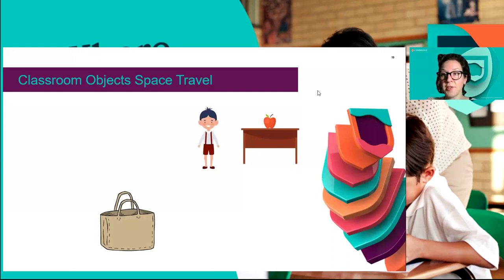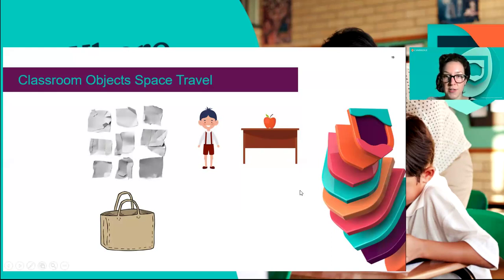Then you have your own bag, and this is a bag not with the letters but with the words. These words can be either prepared by students or made by you in advance.